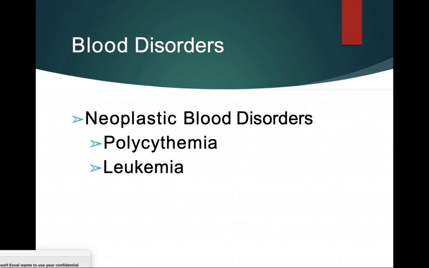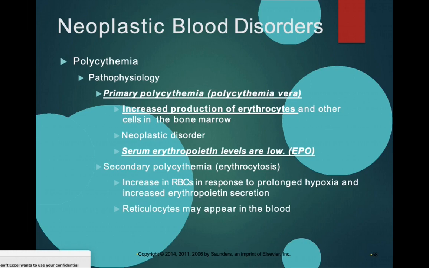Okay, let's look at polycythemia and leukemia. These are the neoplastic blood disorders. So primary polycythemia, or also referred to as polycythemia vera, this is when we have increased production of erythrocytes and other cells in the bone marrow. There's increased production of erythrocytes, but serum erythropoietin, those levels are low, right?